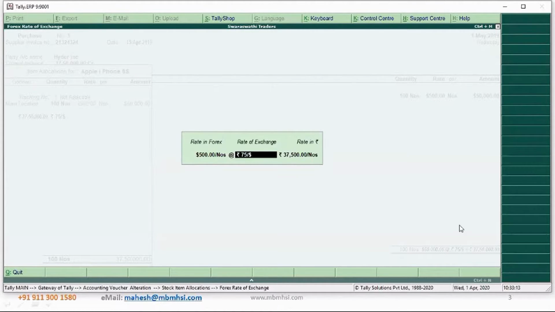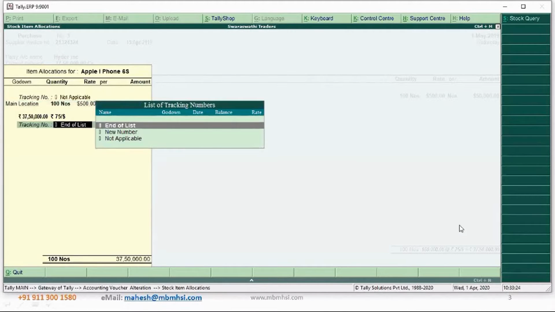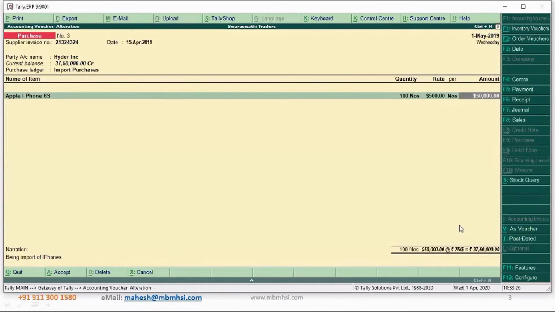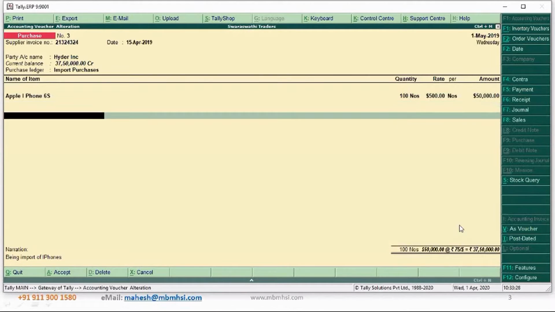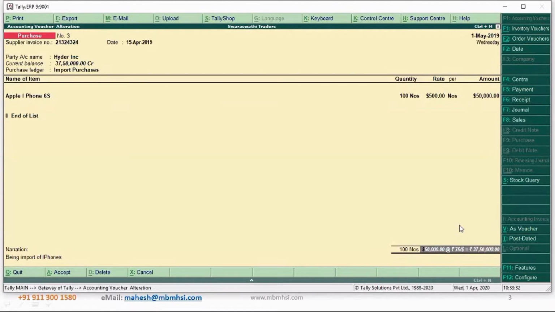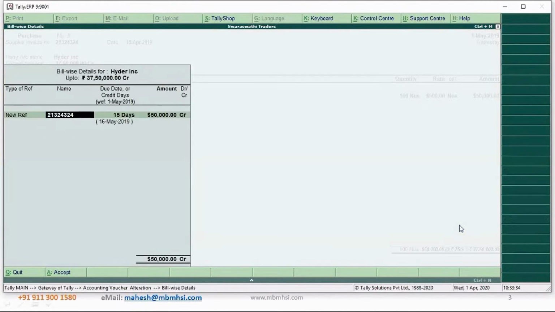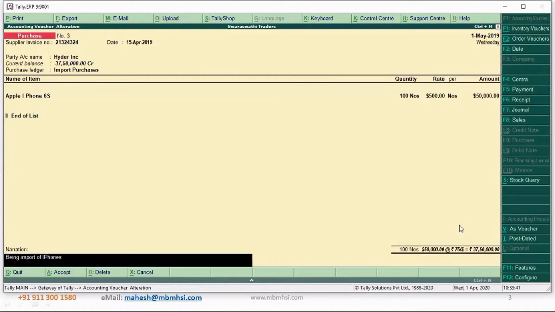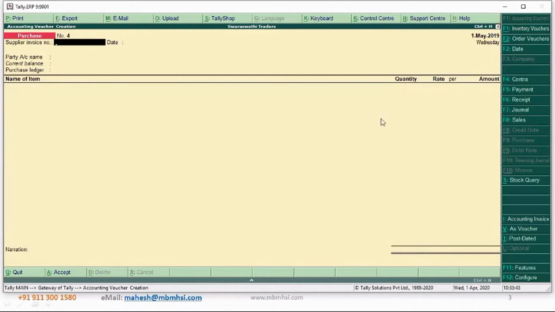For example, I have given 75 rupees per dollar. So it has converted to Indian rupees, which is 50,000 into 75, which is 37,50,000. Still, my entry is getting accounted both in US dollars and Indian rupees. For all reporting purposes, it is 37,50,000, but for my supplier, it is $50,000. Is this clear?